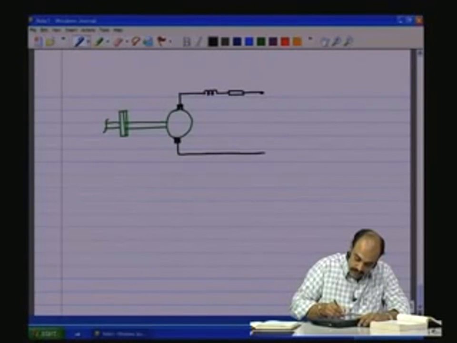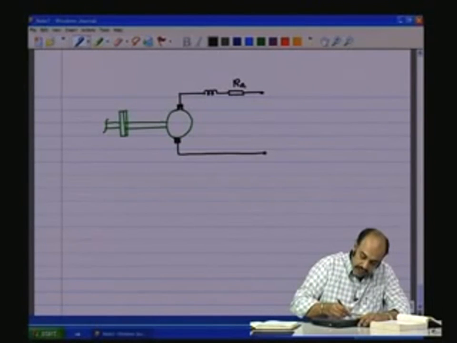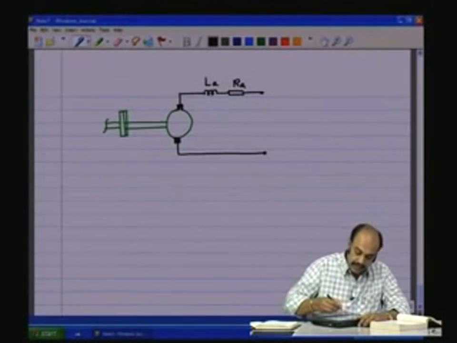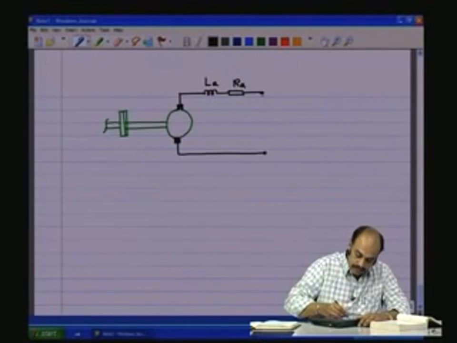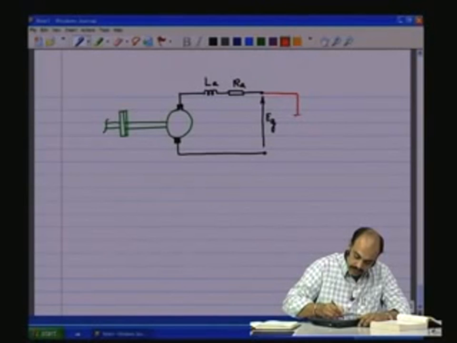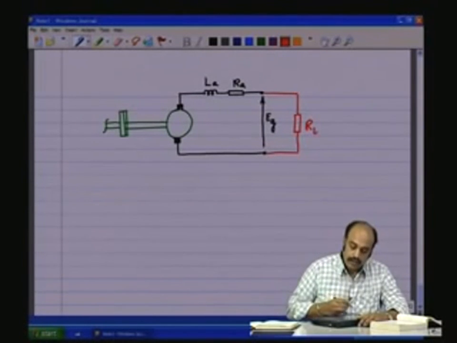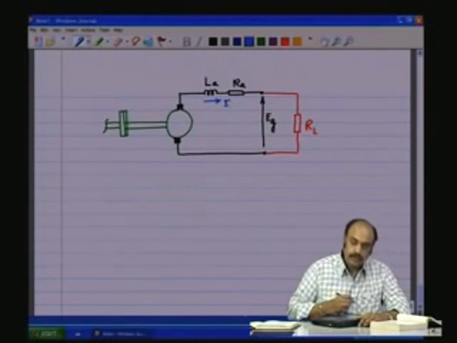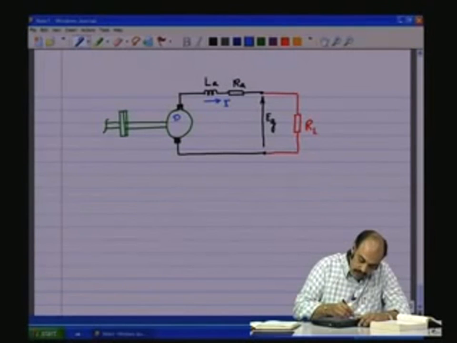One is the armature winding resistance, and the other is the armature winding reactance, and then of course, the final load. This would be your E g. Of course, you have the load R L which is connected here, and due to the R L there is a current I which is flowing in. So, this is the DC generator.